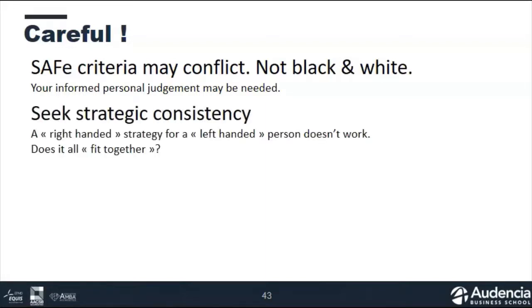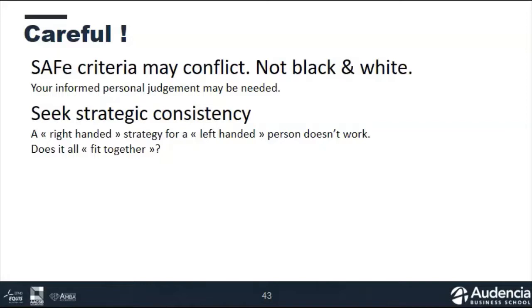Secondly, seek strategic consistency. Feasibility is a really good example here. In many cases in strategy, we may have certain resources that we know we need to make a strategy work, but sometimes we're not rewarding people to do the right thing.